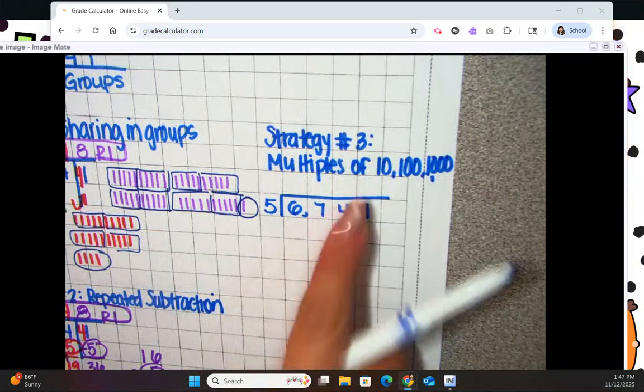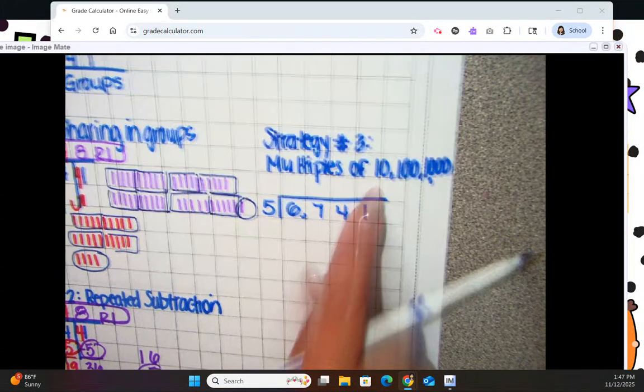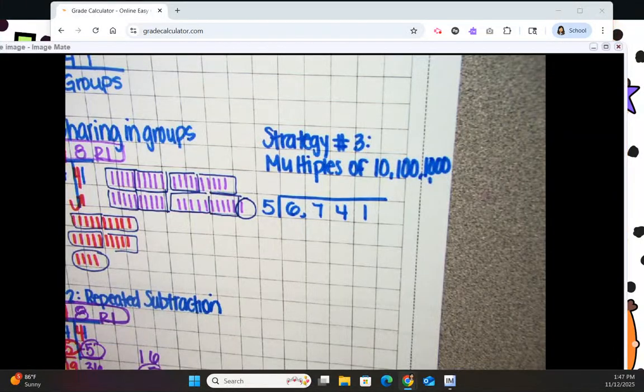Now, you know how I keep telling you that we can use multiples of 10, hundreds, thousands? Yesterday we were multiplying by 10, 20, 30, 40, 50, 60, 70, 80, 90, 100. But I could go bigger. I don't have to just do tens. I can do 5 times 10, but I can also do 5 times 100. I can also do 5 times 1,000. And all of them are going to be correct. It's just a matter of how many more steps I am going to do.